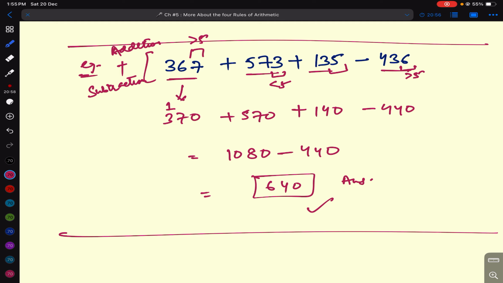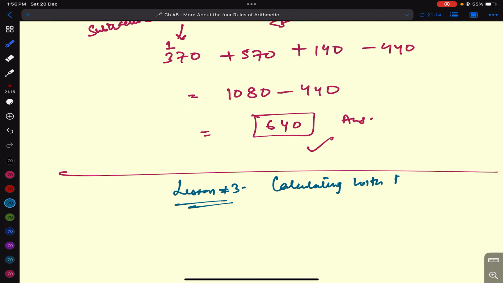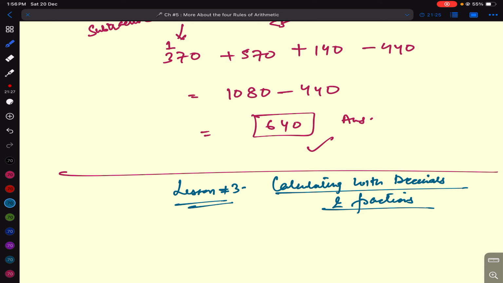So this was all about lesson number 2. Now let's move to lesson number 3, which is calculating with decimals and fractions. This is lesson number 3 of chapter number 5.